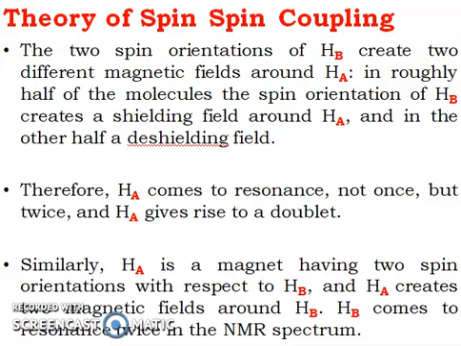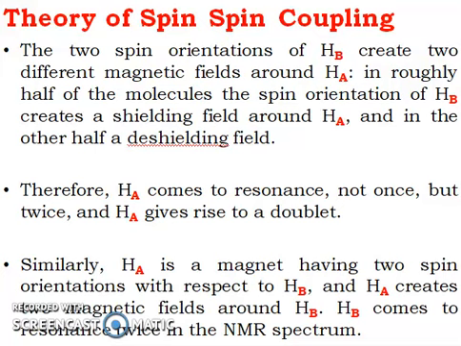Due to the non-equivalency in the magnetic environment, HB creates two different magnetic fields around HA. The HA is roughly half, it means half of the molecule. The spin orientation of HB creates a shielding field around HA, and in the other half a de-shielding field. De-shielding field means the magnetic fields of HB and HA are aligned with each other.